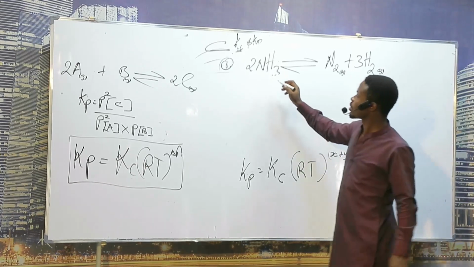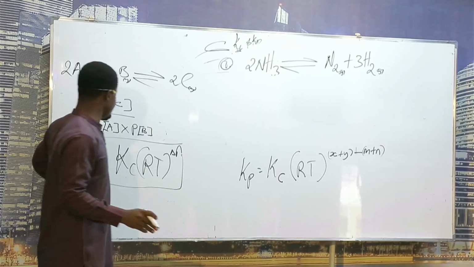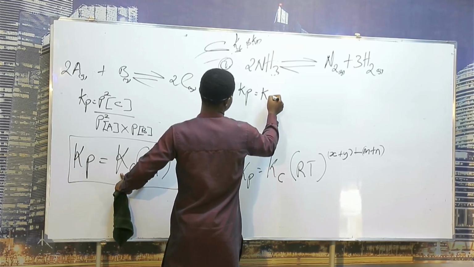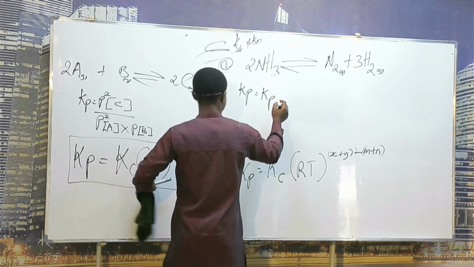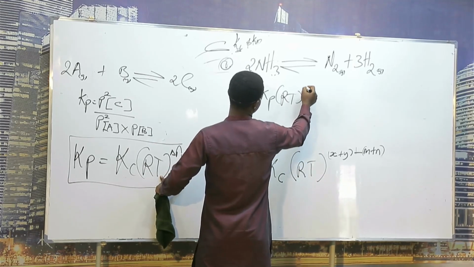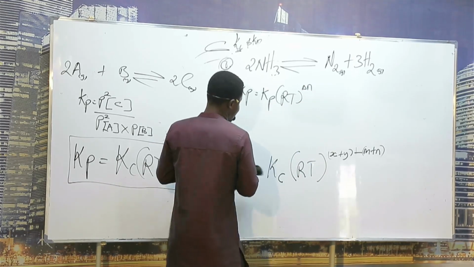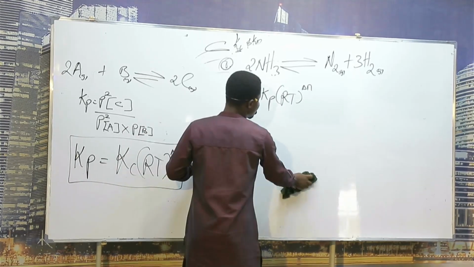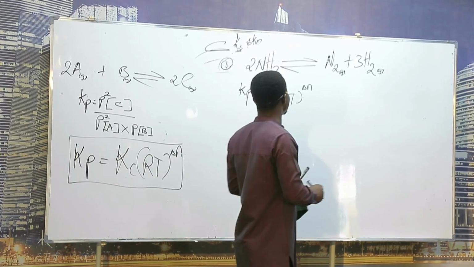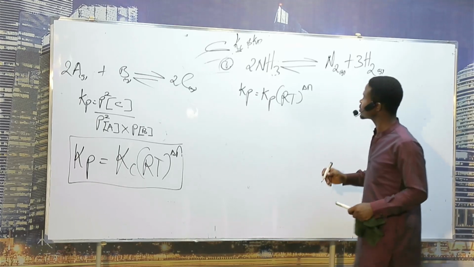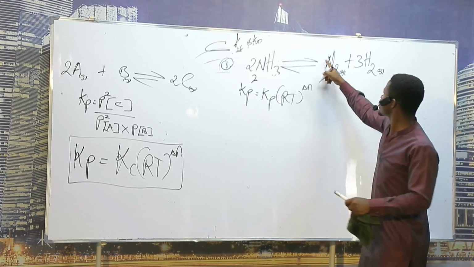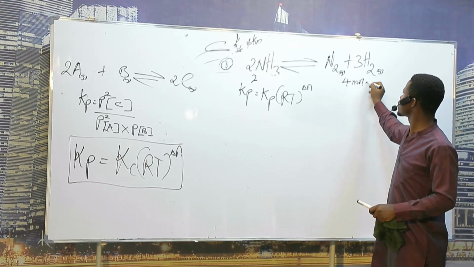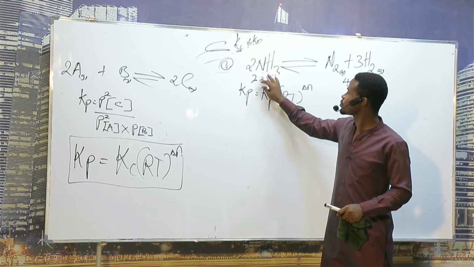Let's find Kp equals Kc (RT) to the power change in n. What is the change in number of moles here? Here is 2. Here is 1 plus 3, which is 4 moles. Here is 2 moles.